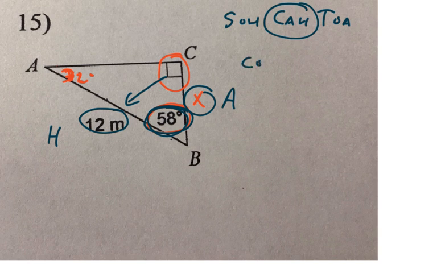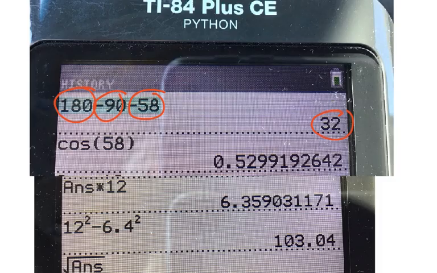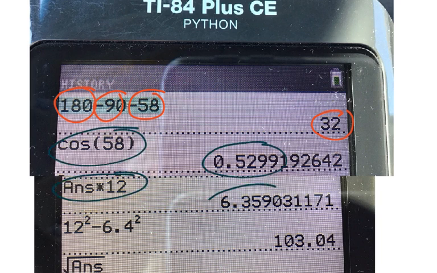So I know that the cosine of 58 degrees equals our adjacent over hypotenuse. So I'm going to do cosine 58, and I'm going to times by 12 to find x. So cosine 58 times 12.